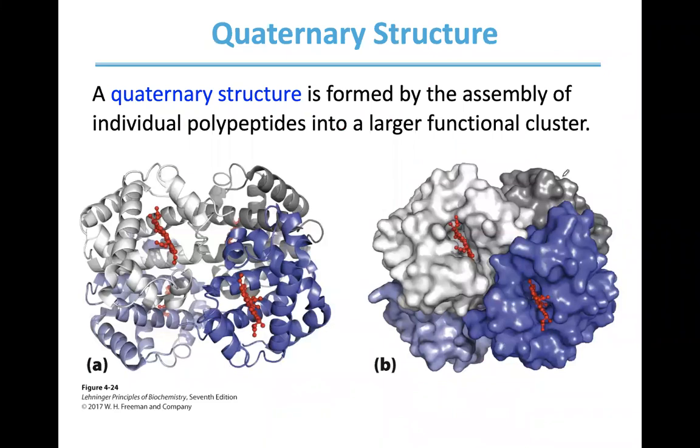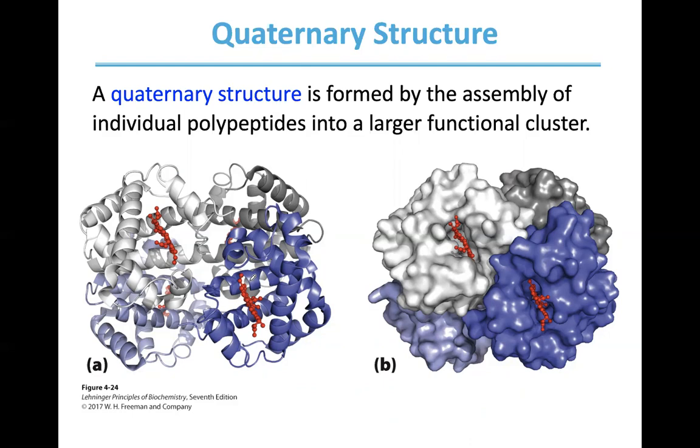And quaternary structure. So let's see how much time we have. 20 minutes. So quaternary structure is formed by assembly of individual polypeptides into a larger functional cluster, right? So here we have the protein known as hemoglobin. We'll talk about hemoglobin quite a bit in chapter 5.